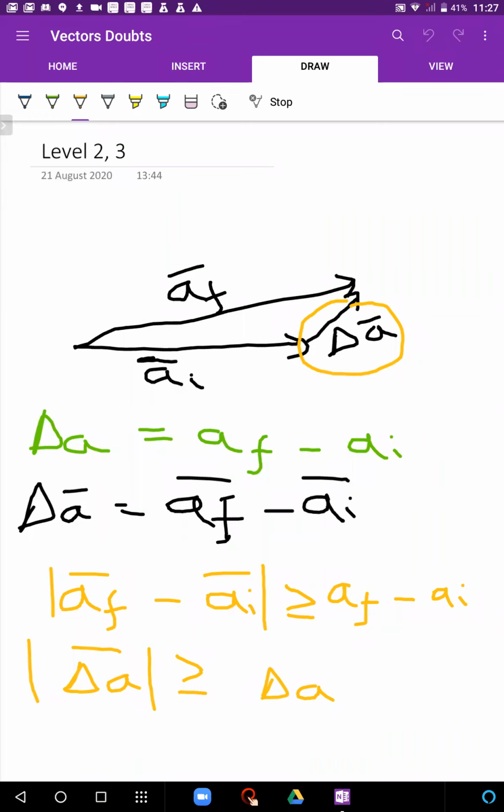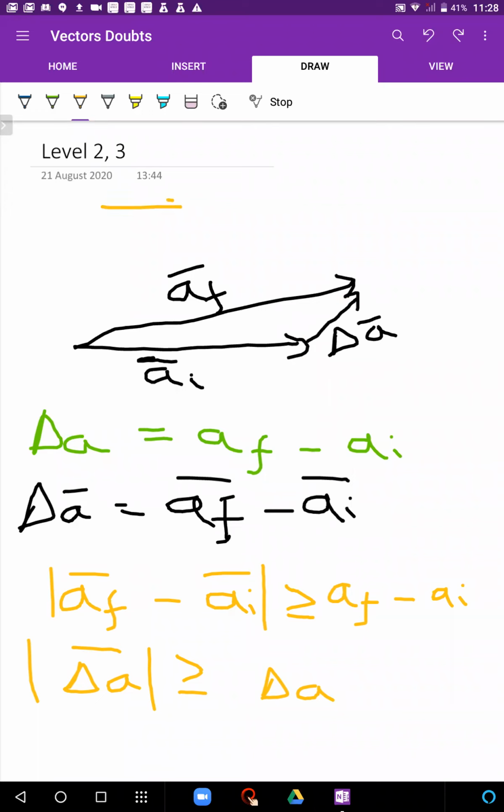Yes. So if you remember, we have said कि any vector that you get, है ना, सम हो या डिफरेंस हो, उनका मिनिमम वैल्यू कितना होता है? डिफरेंस वेक्टर का मिनिमम वैल्यू is difference in magnitudes, है ना?